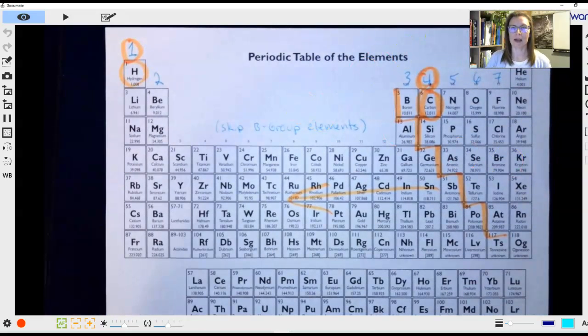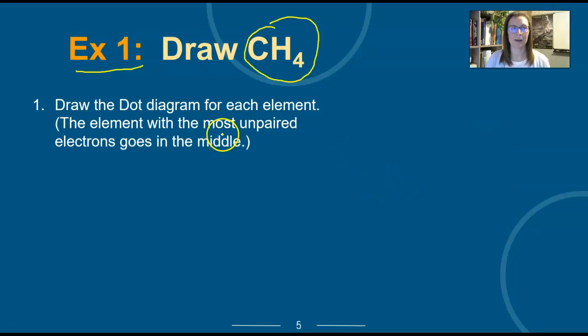All right, so let's go back and do the dot diagrams because that's step number 1. And carbon has the most single dots. Okay, so I'm actually just going to put carbon in the middle because it can do the most sharing. And then I'm going to put hydrogen around it.